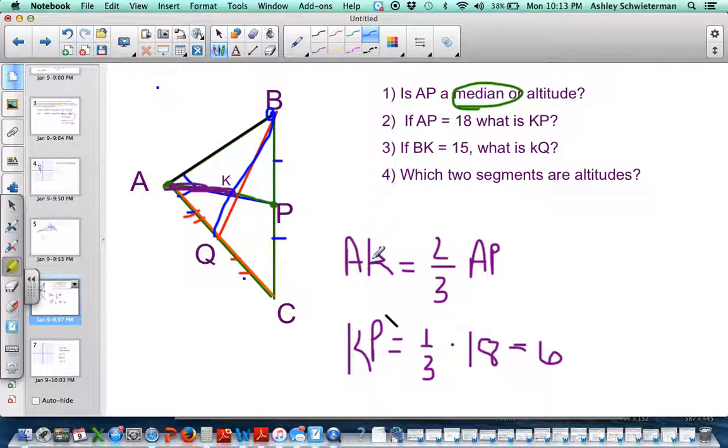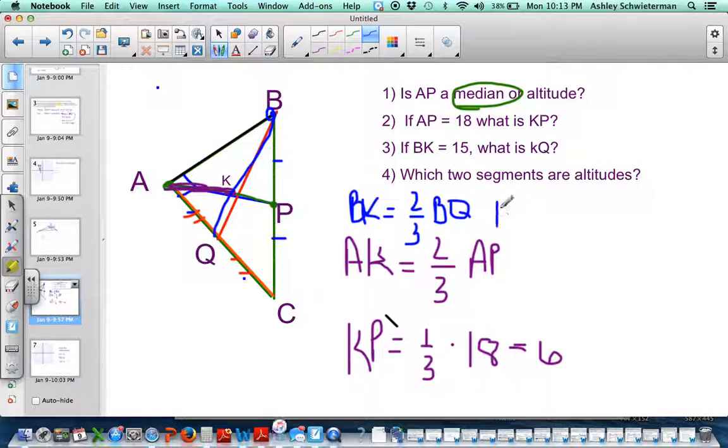Well, we know that BK is equal to 2/3 the length of its total median, BQ. Well, in this figure, they gave us BK.